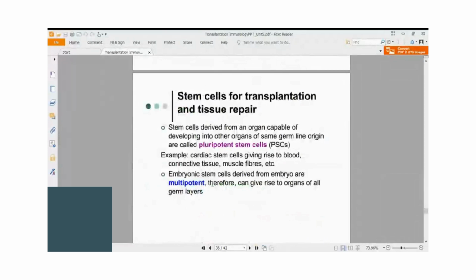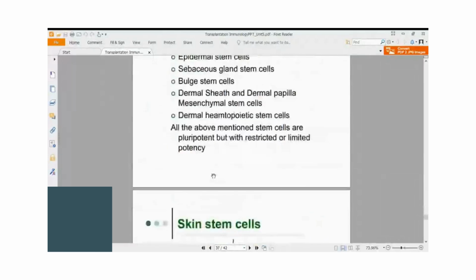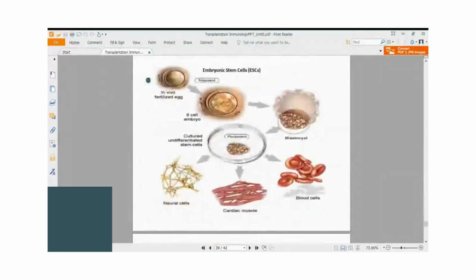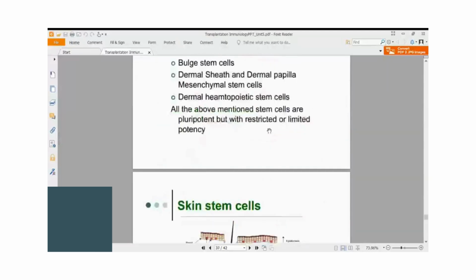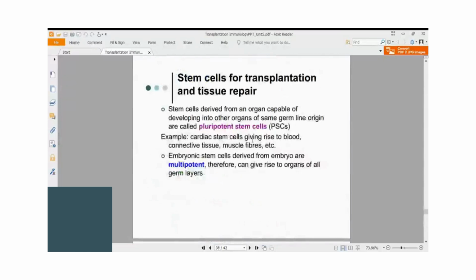And among the embryonic stem cells, they partially retain multipotency as well as pluripotency after they become embryonic stem cells in the blastocyst. Okay? So therefore, they can give rise to the organs of other germ layers, and they can be coaxed to grow into organs of other germ layers. So there is also another classification.